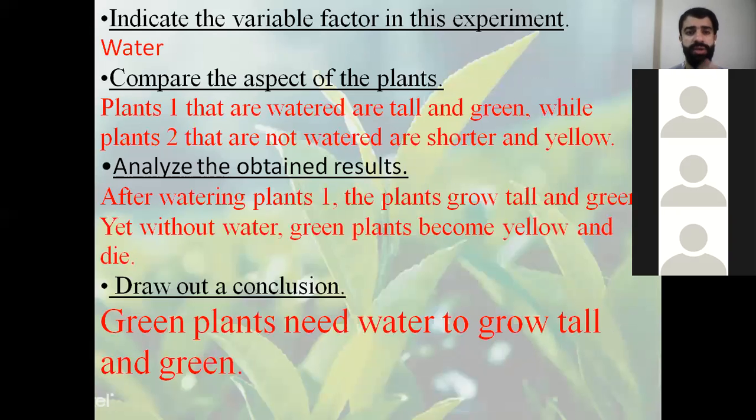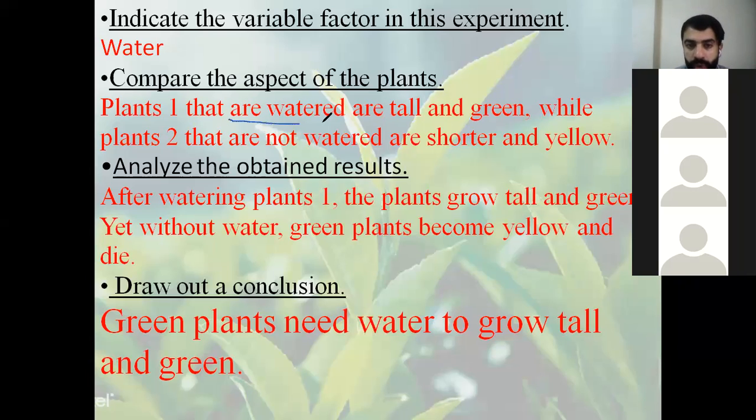Yes, let's start with this. Indicate the variable factor in this experiment. These are the answers for the questions. The variable factor is water. Compare the aspects, the appearance of these plants. Plants 1, which are watered, are tall and green, while plants 2, which are not watered, are shorter and yellow in color. Pay attention, here we mention the variable factor.